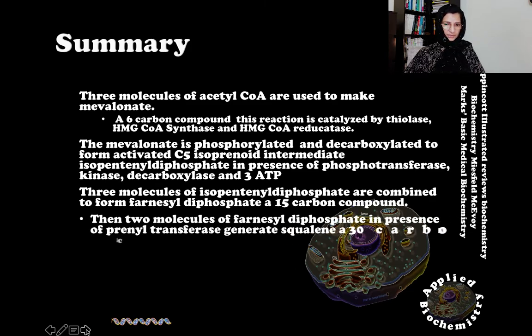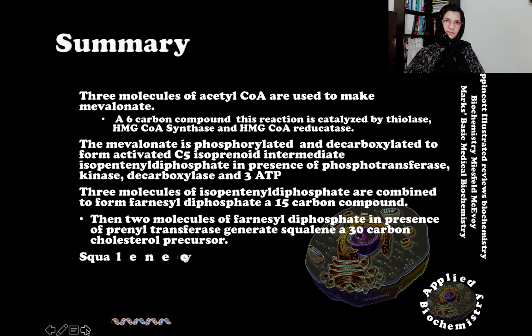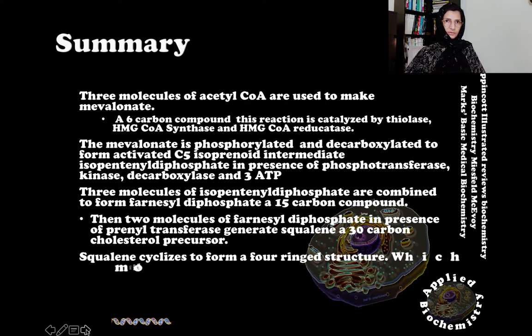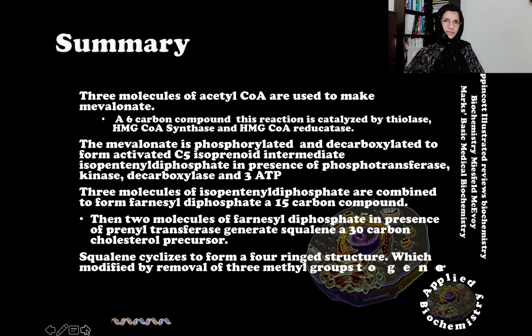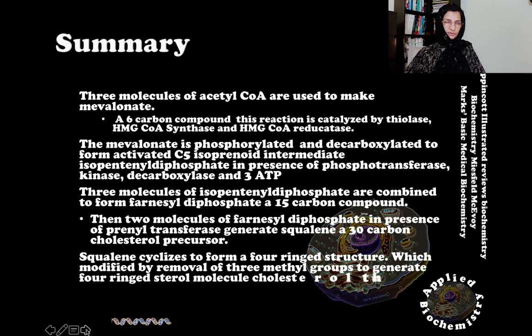So HMG CoA is formed, then mevalonate is formed. Mevalonate is converted to isopentenyldiphosphate. Isopentenyldiphosphate is converted to farnesyl diphosphate, and farnesyl diphosphates are condensed to form squalene and lanosterol, and lanosterol after removal of 3 methyl groups is finally converted to cholesterol.